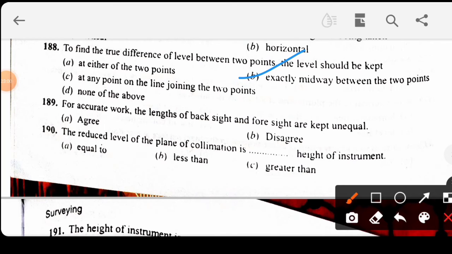It is correct. The reduced level of the plane of collimation is equal to height of instrument. Very, very important question.